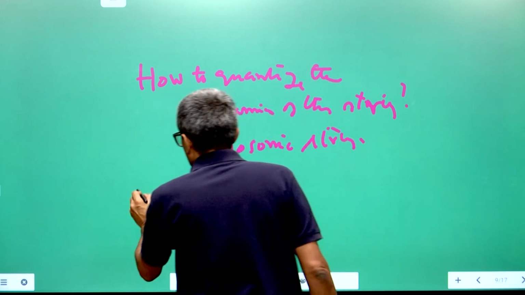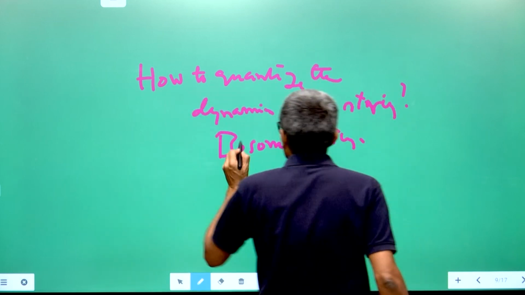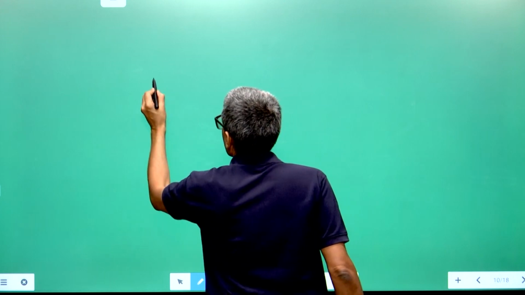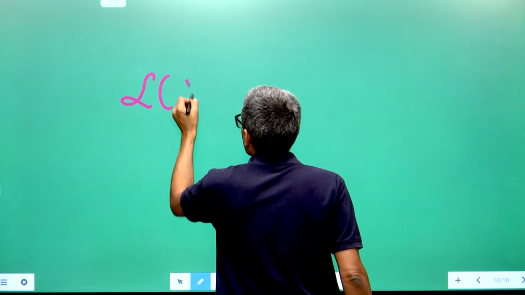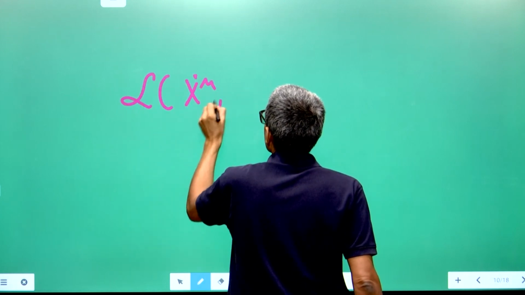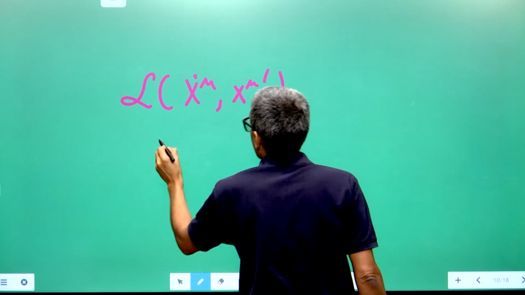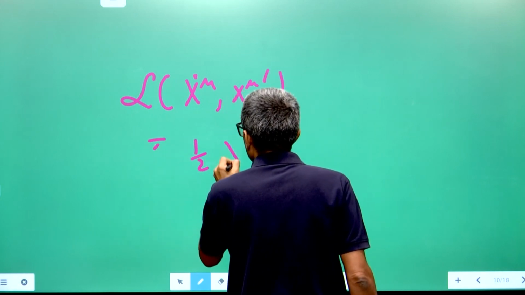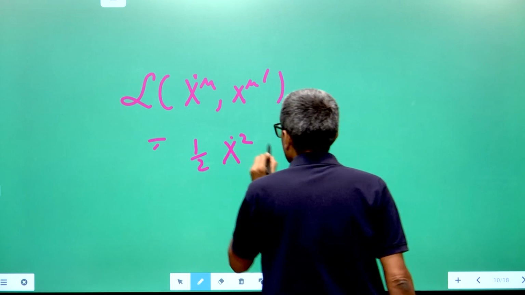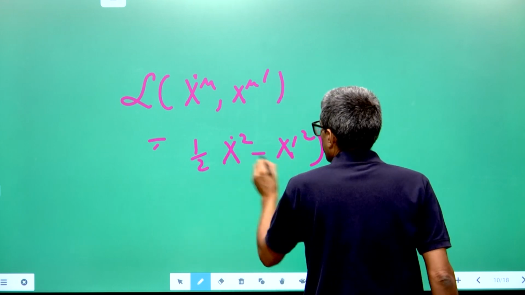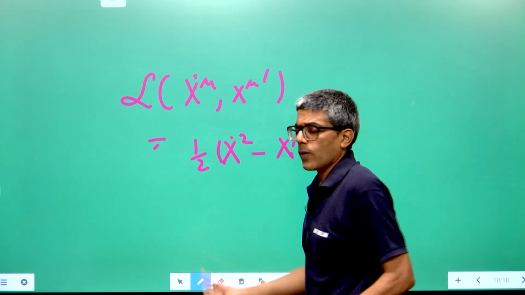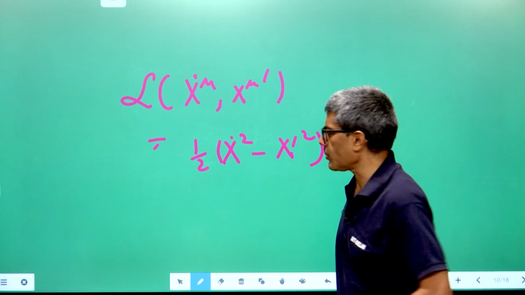You start with the Lagrangian L, which is a function of x mu dot and x mu dash, equal to half of x dot squared minus x dash squared, where by square I mean the length with respect to the Minkowski metric.